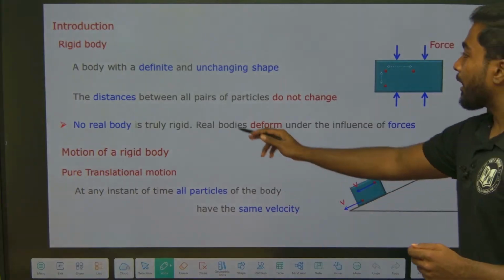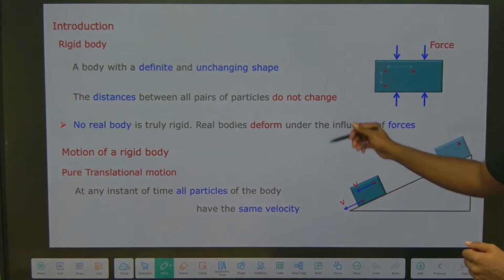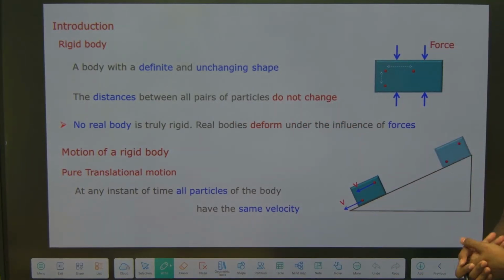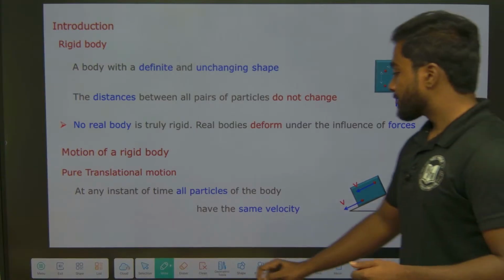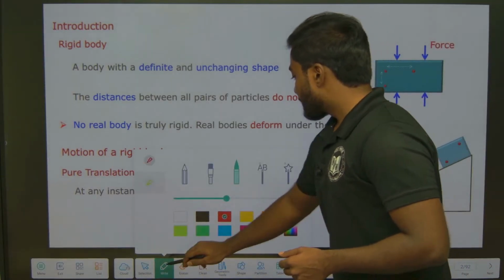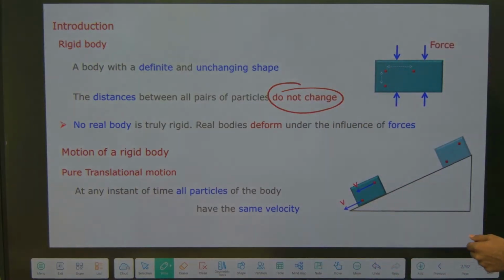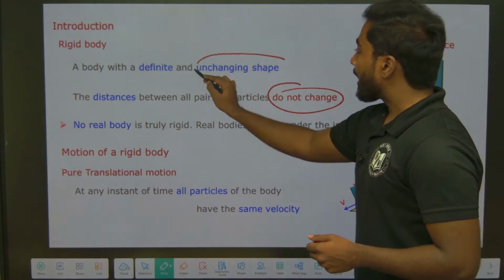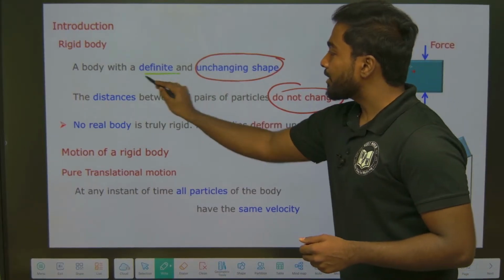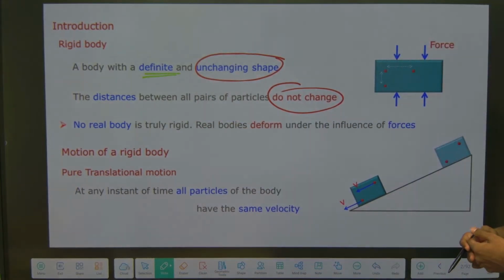So the distance between all pairs of particles does not change. There won't be any change in the distance and the shape will be unchanged, with a definite shape. So no real body is truly rigid. A real body deforms under the influence of force.